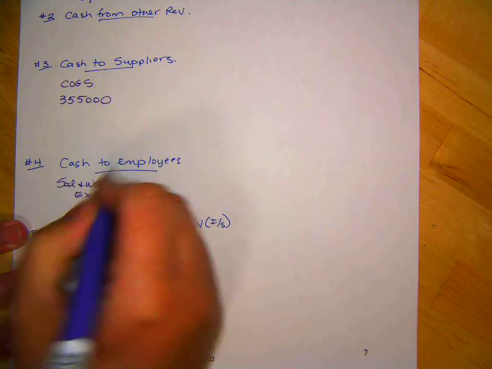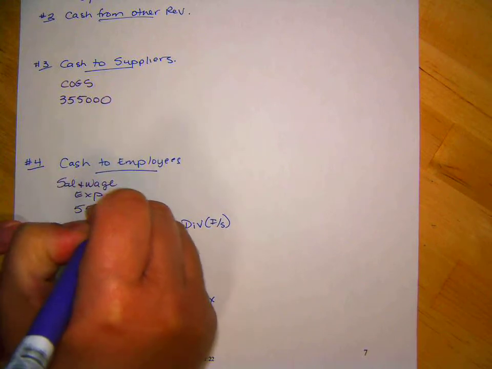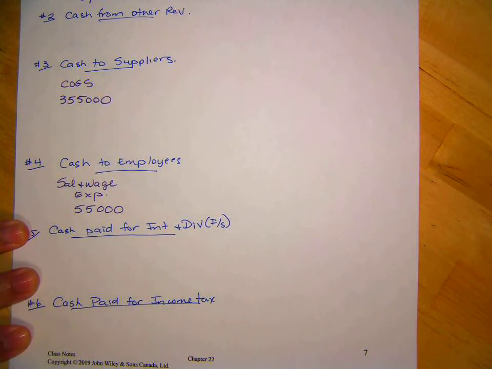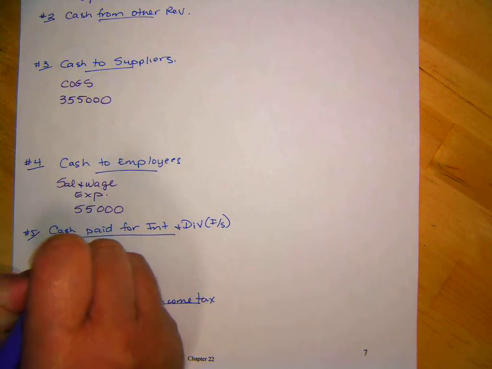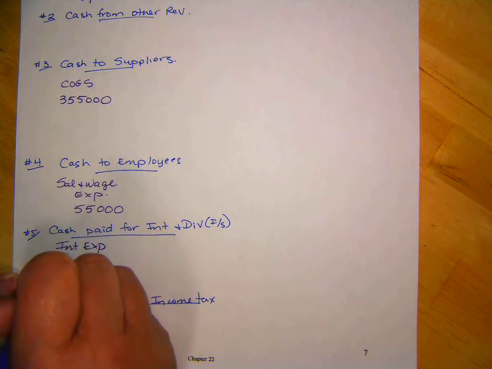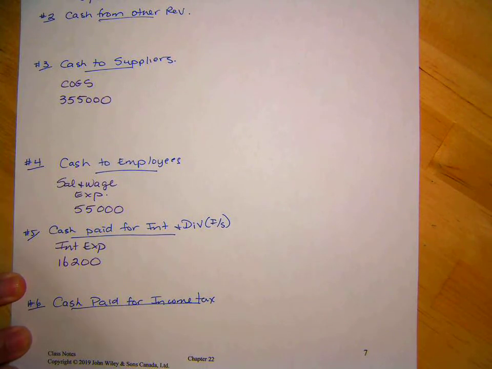And that is $55,000. And check it off. Interest expense is $16,200. And check it off.